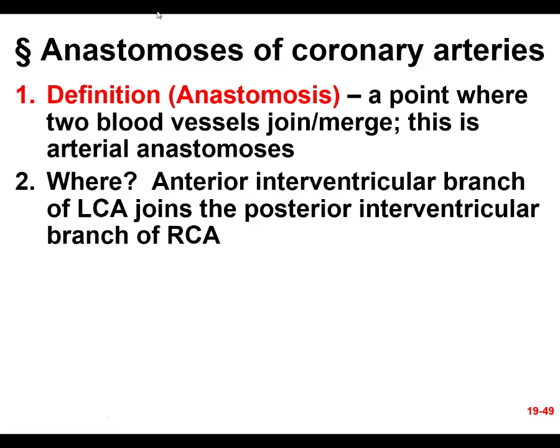They come out of the aorta, and then the locations where they branch off would be the anastomosis sites. So I answered that for you. Where do they connect? The aorta. They come out of the aorta, then they branch into 1A, 1B, and then 2A and 2B, right? Coronary arteries A and B.